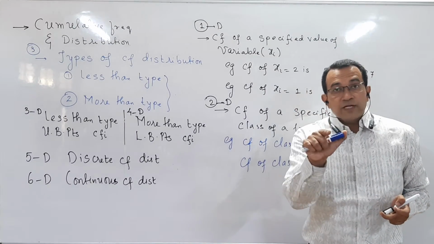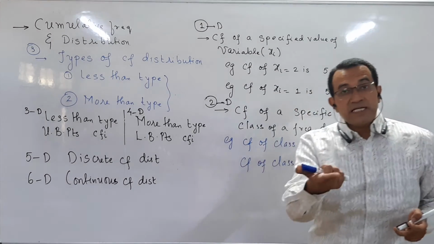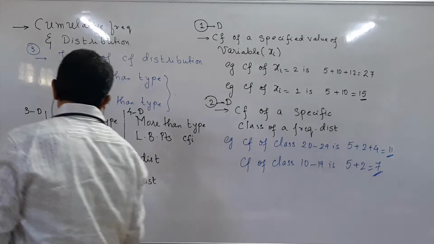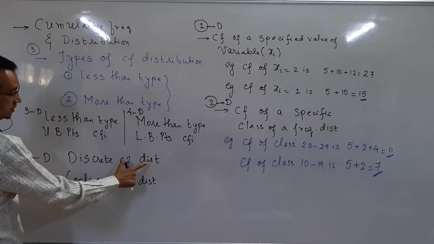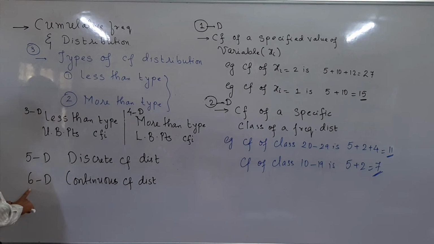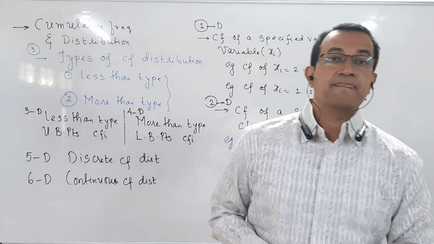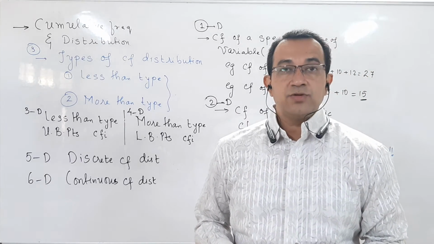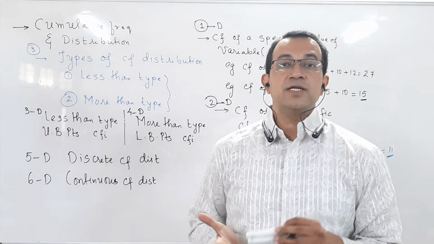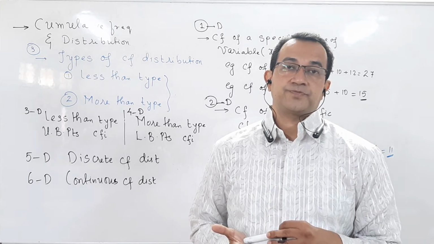A cumulative frequency distribution of discrete variable is called discrete cumulative frequency distribution. And sixth definition, a cumulative frequency distribution of continuous variable is called continuous cumulative frequency distribution.